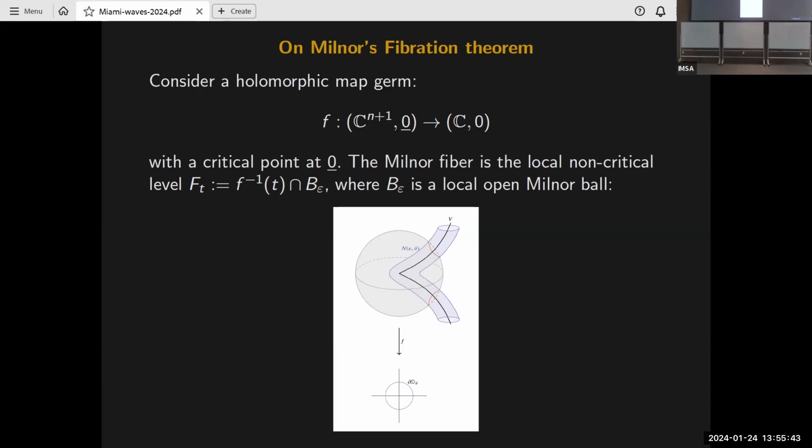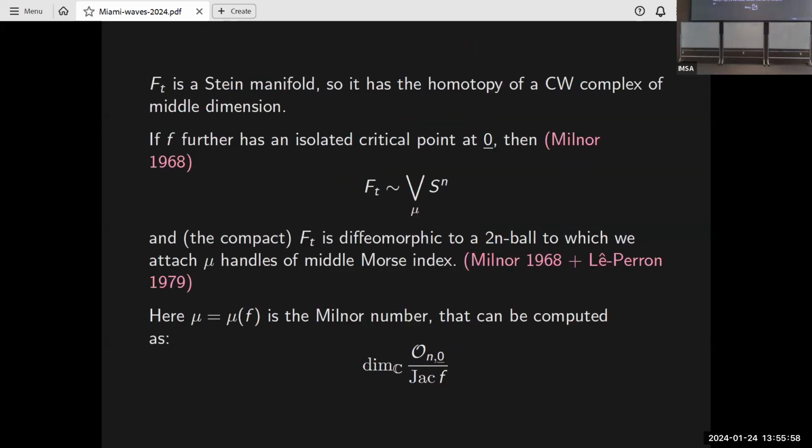And then once you fix the ball, you take a regular value, so the fiber meets the given sphere transversally. You have to be a little more careful, but essentially it means that. Now, by definition, this Milnor fiber is a Stein manifold.